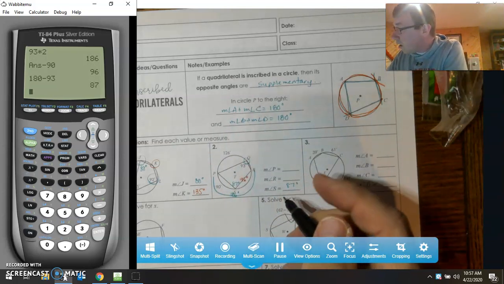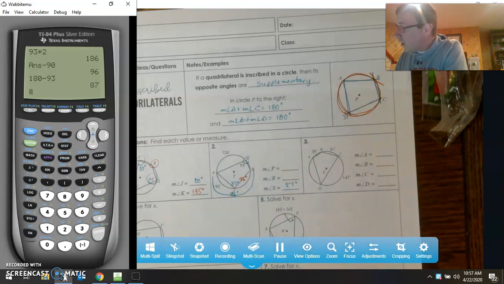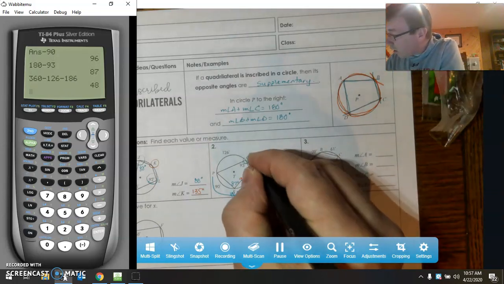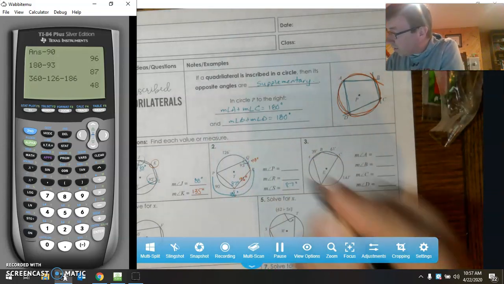Another thing I know, because there's 360 degrees in a circle, is if I subtract 126 and 186 for those two arcs, I know this arc up here, QR, is going to be 48 degrees.